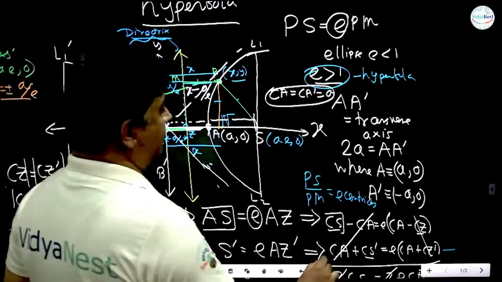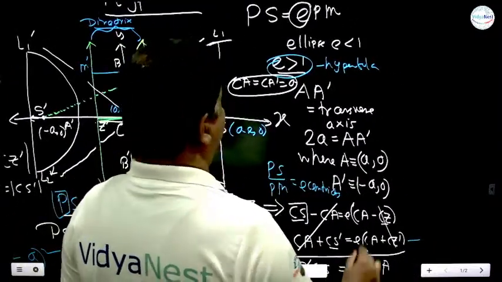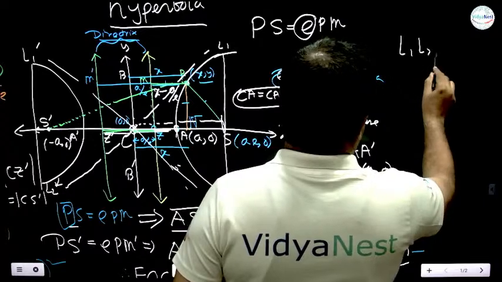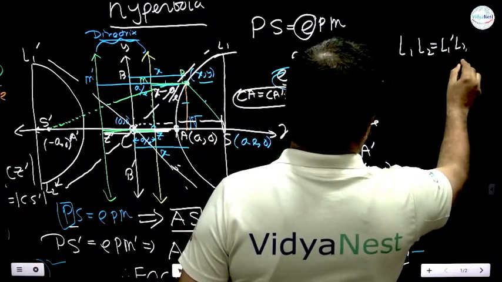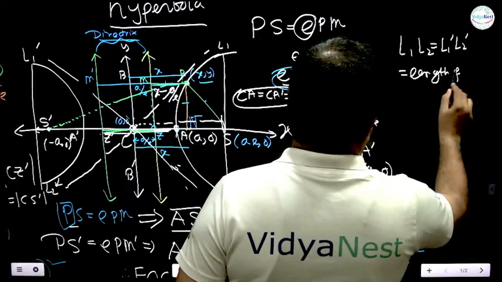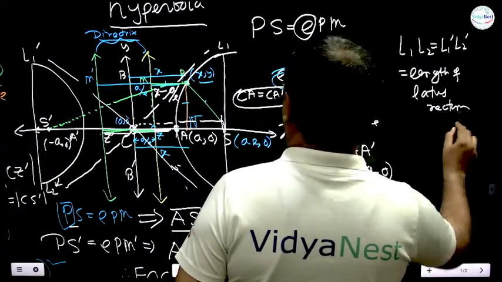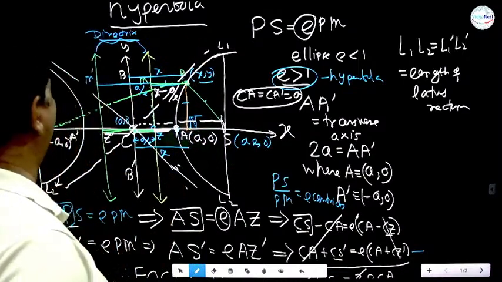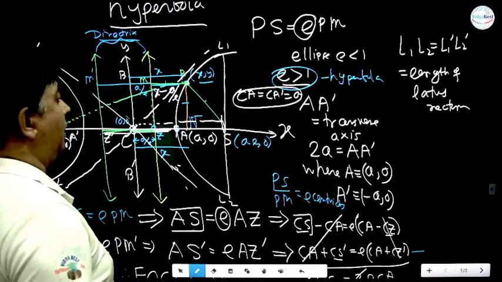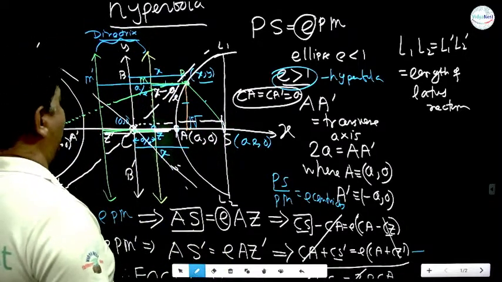That is the length of the latus rectum that we missed out. No matter, easily we can get the result. This is the equation of the hyperbola we have just got.